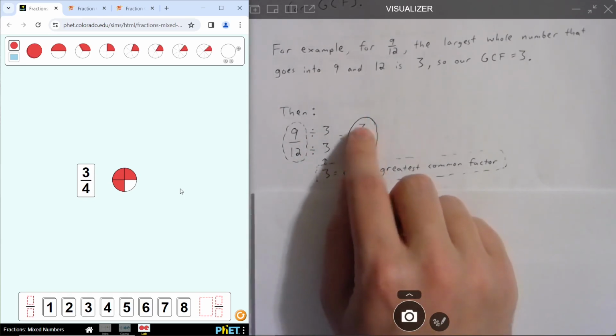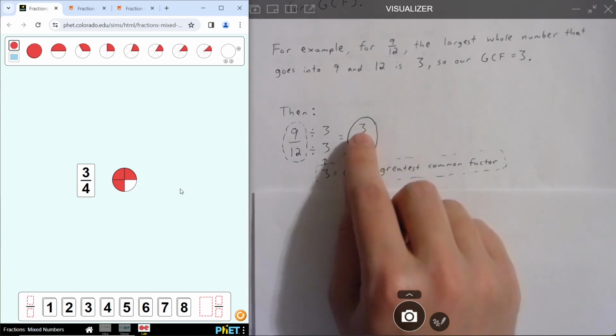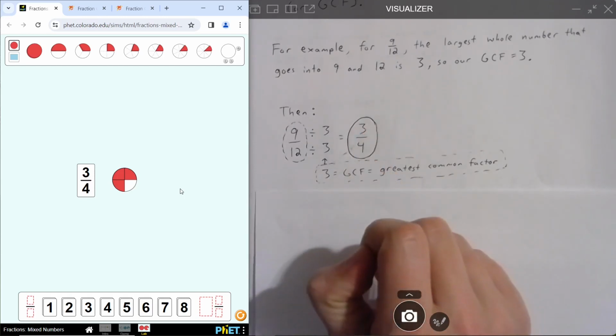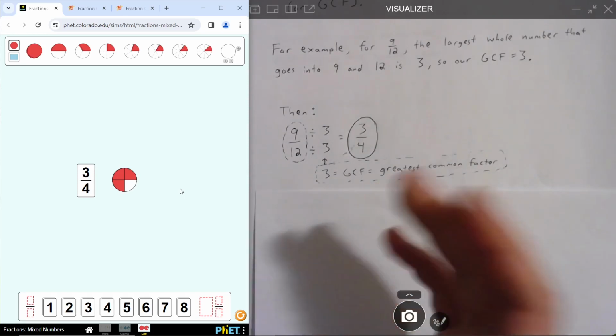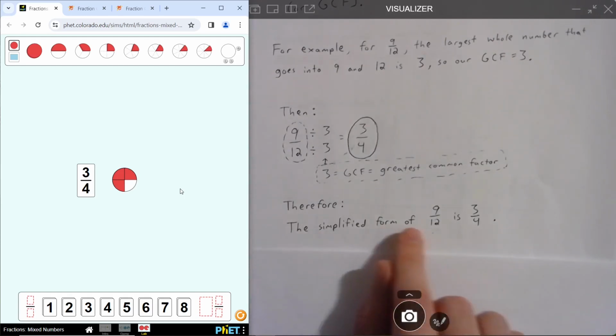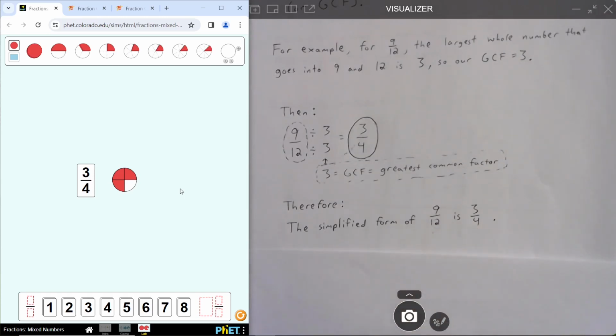And remember, these are parts of a fraction, so our final answer is a fractional amount of 3 over 4, or a numerator of 3 divided by a denominator of 4, or 3 parts that are each 1/4 in size, or 3/4. So in other words, the simplified form of 9/12 is 3/4.